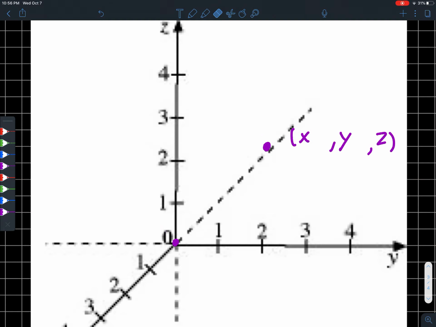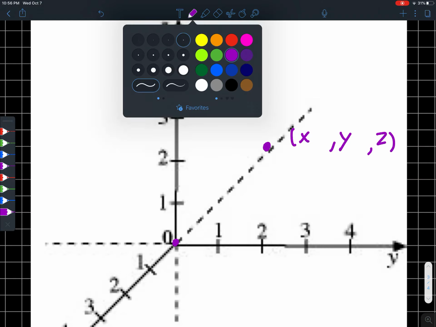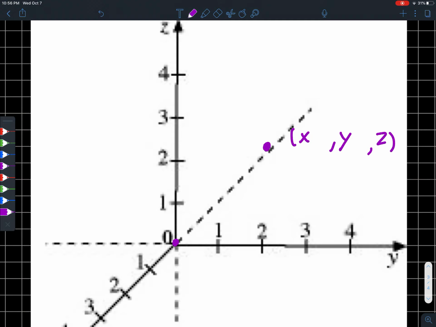We don't need those point numbers, so that's just on the origin. Let's just make this a little bit simpler for us. Okay. So how do we find this distance right here? This distance, D. What we got to do is take this segment D and split it up into its components.